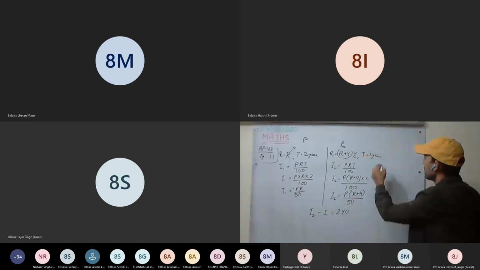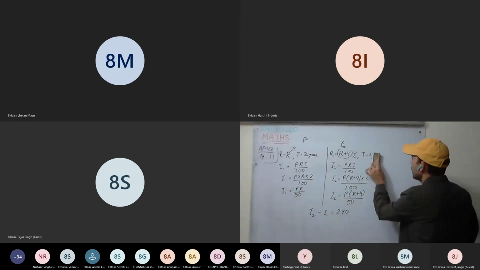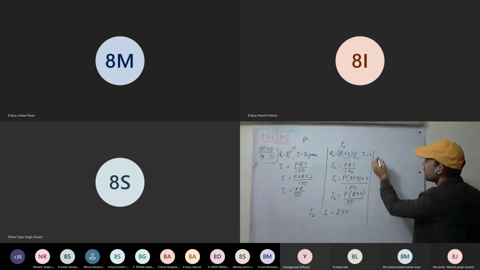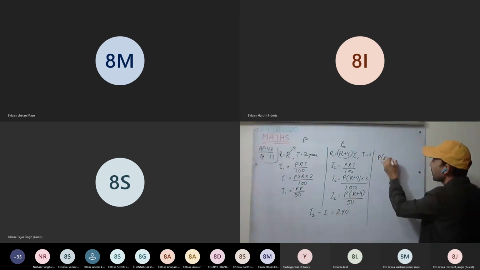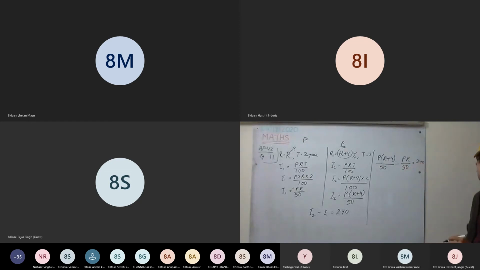Now you subtract. I2 minus I1: I2 is P into R plus 4 upon 50, minus P R upon 50, equal to 240. This is clear?